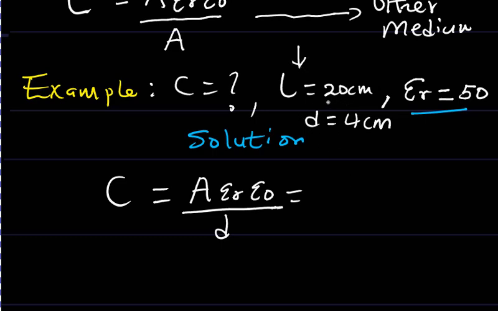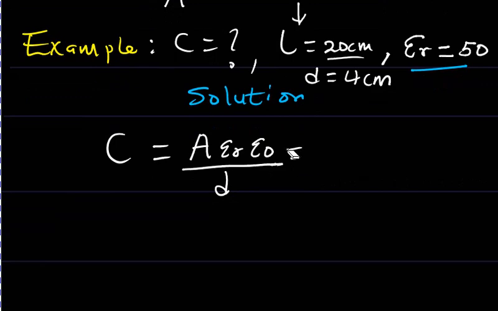So converting this to meters, that's going to be 0.2 squared, then multiply by the relative permittivity, which is 50, then times the absolute permittivity, which of course we know is 8.85 times 10 raised to the power minus 12, if you can still remember.